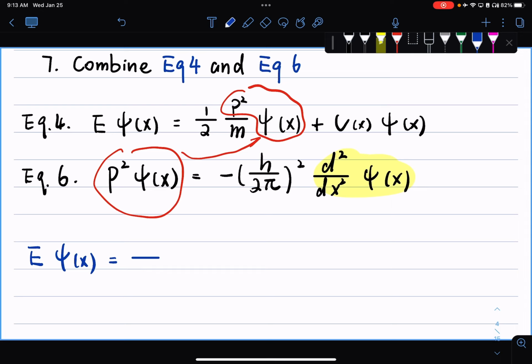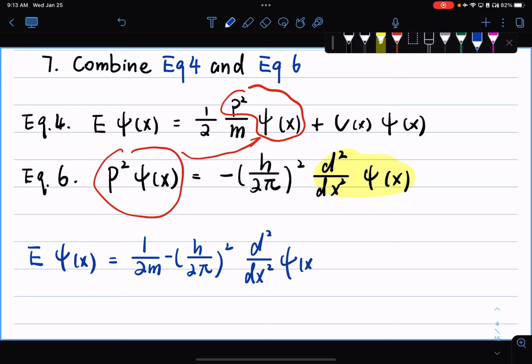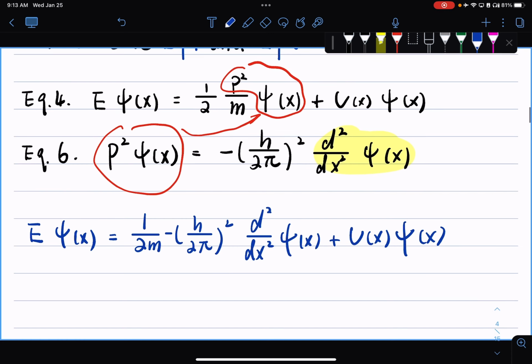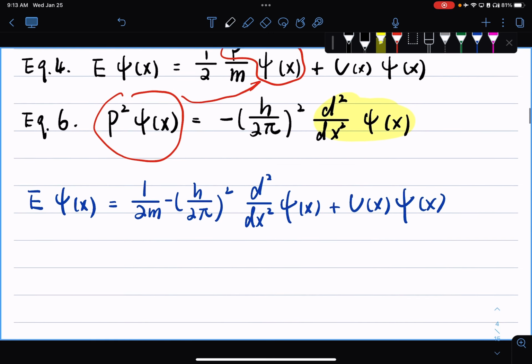Our new expression gives E phi x equals 1/2m times negative h over 2 pi squared, d squared dx squared phi x, plus potential energy phi x. Let's cancel out some of the terms and simplify it.